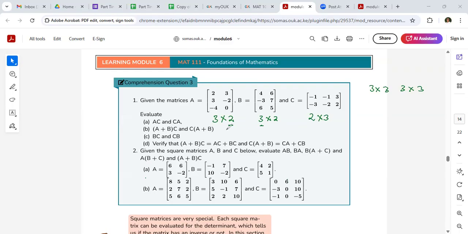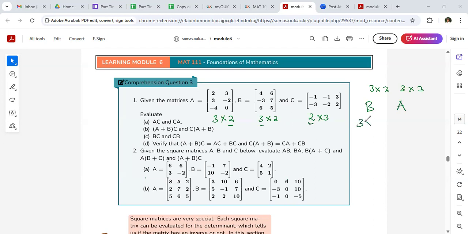How about A and C? Can I find the product of A and C? Yes. Let's look at how many columns we have in A. We have 2, and you have 2 rows in C. So we can multiply A by C. Can you multiply B by A? You have to look at the preceding matrix.